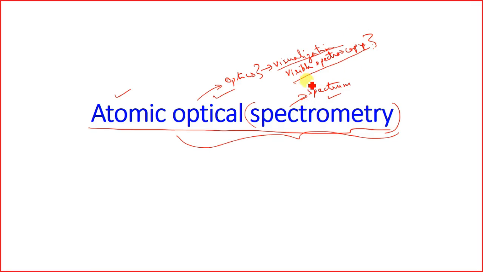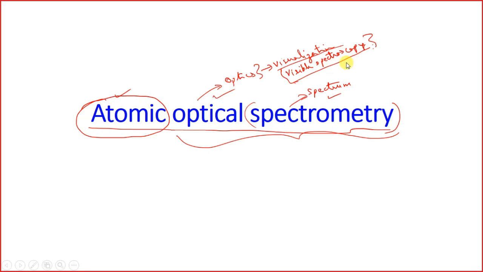Then again, why do we want to go for atomic optical spectrometry? The difference, what we will be studying, lies over here: the word atomic. Atomic optical spectrometry and normal visible spectroscopy are different in terms.